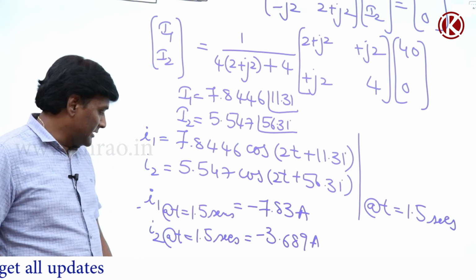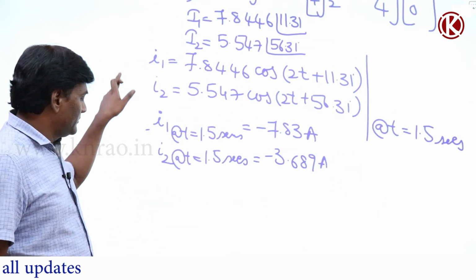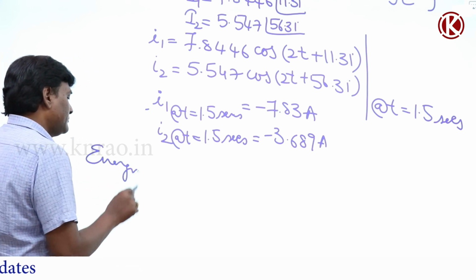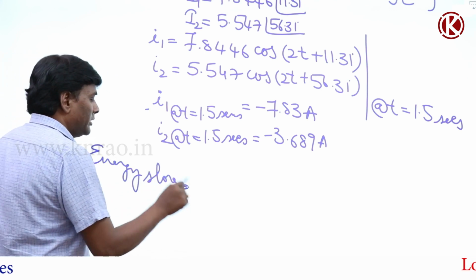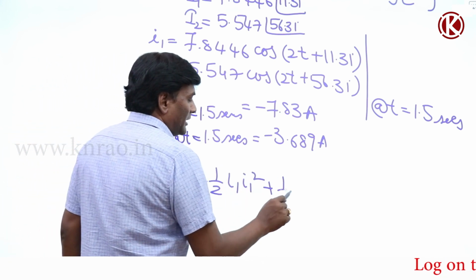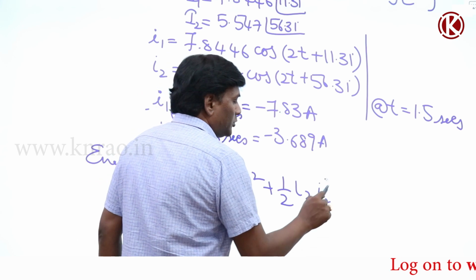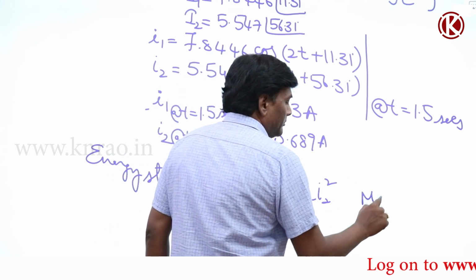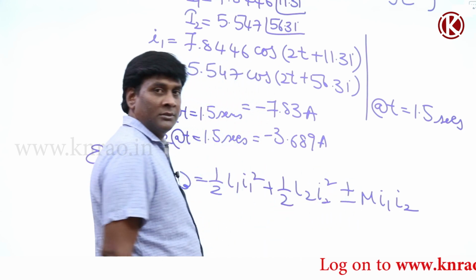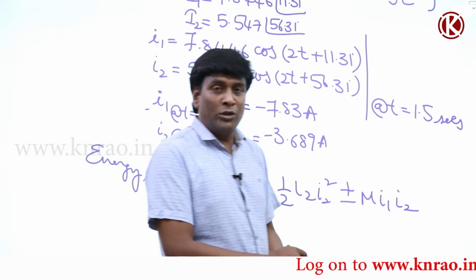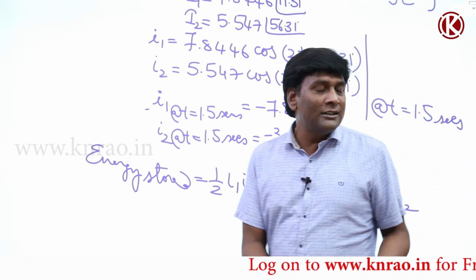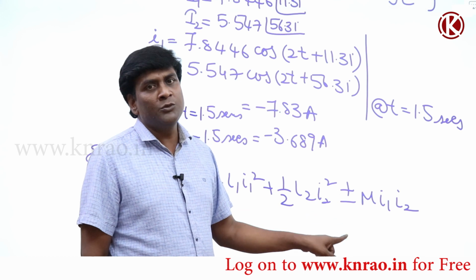Okay, so let us write the equation. What is the equation? See here, energy stored at this instant. Energy stored is going to be half L1 I1 square plus half L2 I2 square plus or minus M I1 I2. If both currents are entering into dot, or if both currents are entering into undot, under that conditions we have to use plus, otherwise we have to use minus.